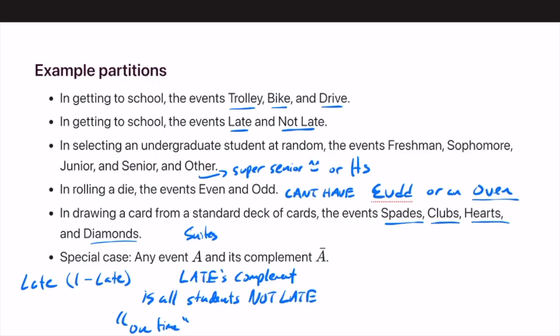So one thing we want to keep in mind, because it's kind of an important idea, maybe we'll draw a little area.